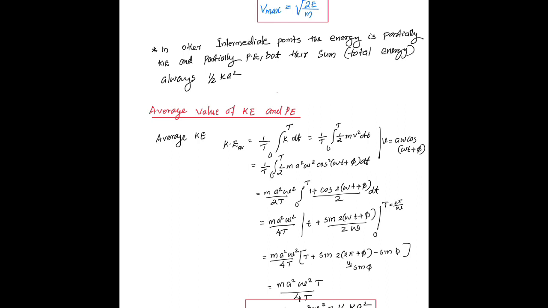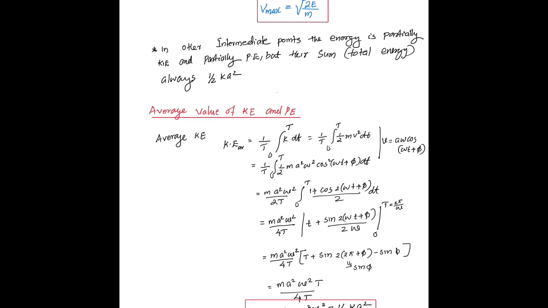So 1 over T, 0 to T, integral of half mv square, where v we have as A omega cos(omega t plus phi), because x is equal to A sin(omega t plus phi) and v is the first derivative. Substituting here, half m is common, 1 over T is common, and v square is A square omega square cos square(omega t plus phi) dt.